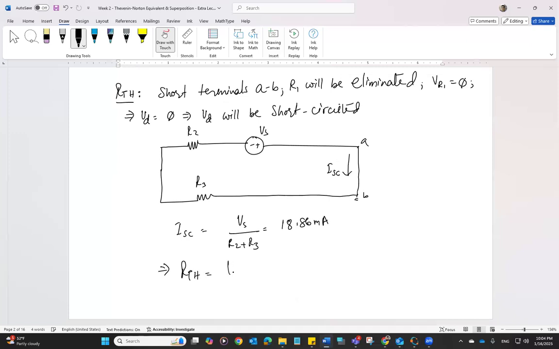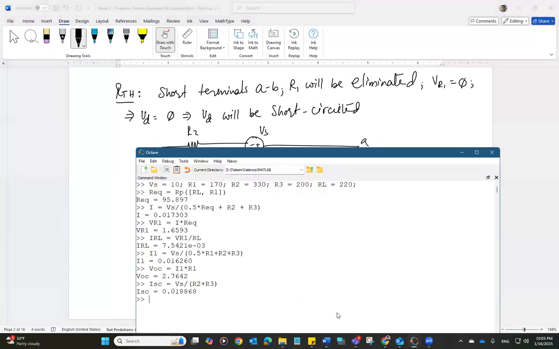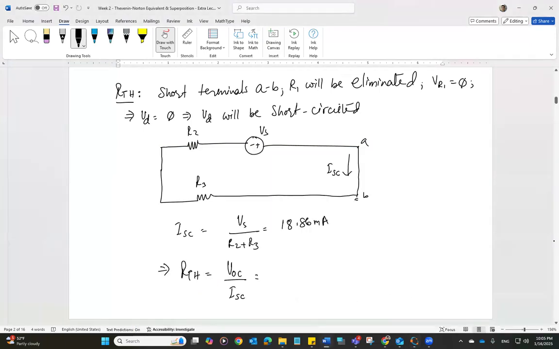And from this, we can calculate the Thevenin equivalent resistance, which is the ratio between the open circuit voltage and the short circuit current. Open circuit voltage is the same as the Thevenin voltage. That gives 146.5 ohms.